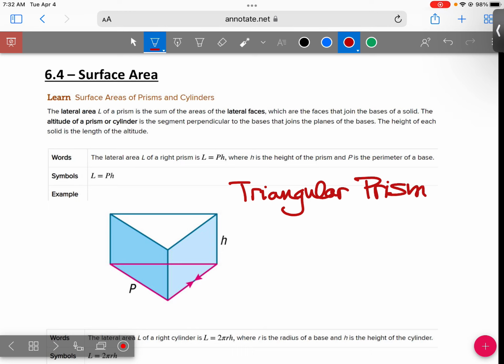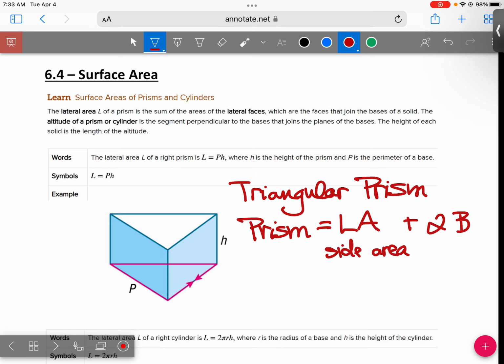And a prism is made up of, okay, the lateral area, which is the side area all the way around, plus your two bases, okay?